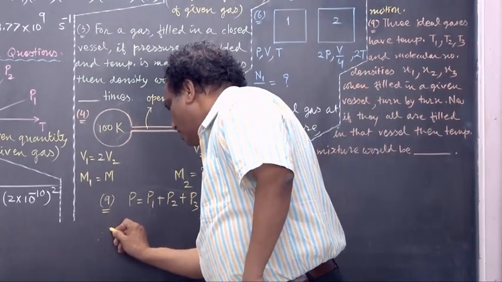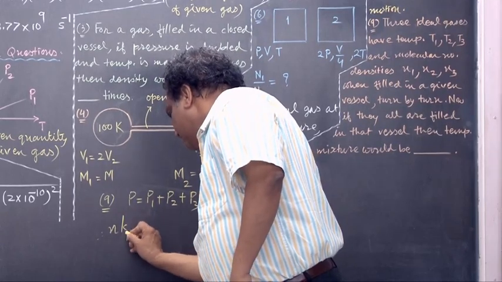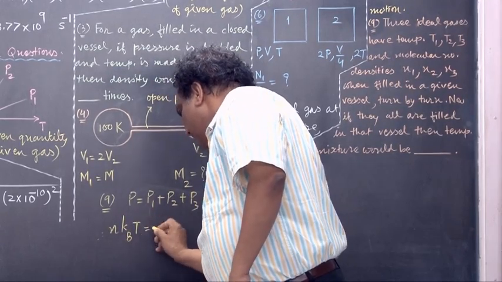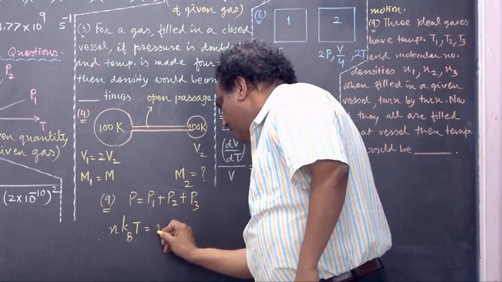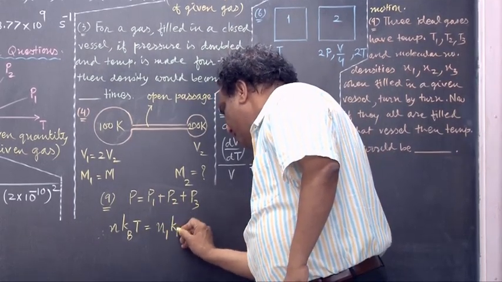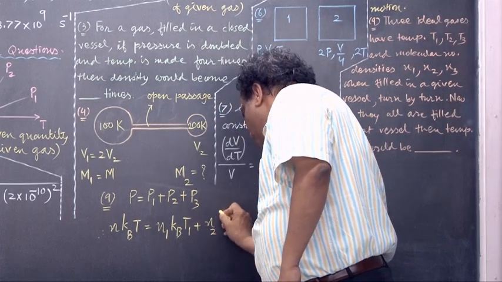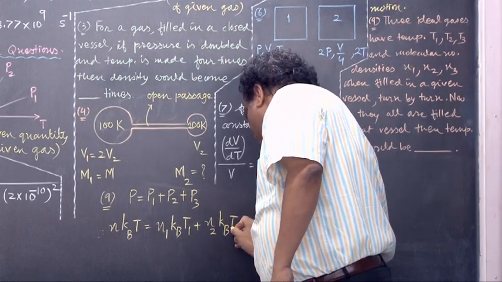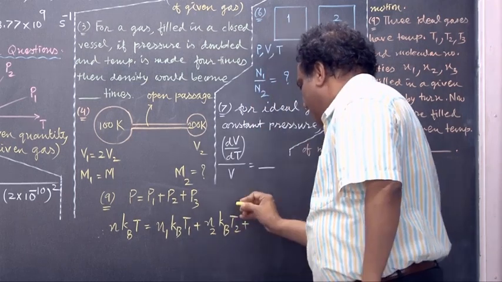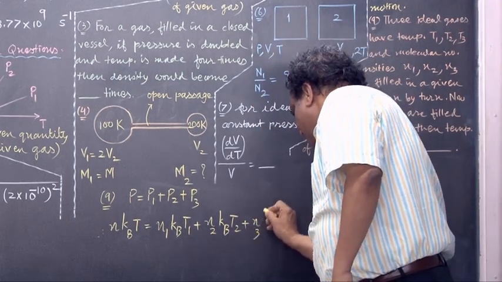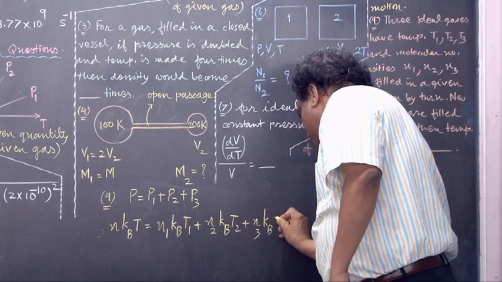The small n is molecular number density. Now for P1 I am writing n1 kB T1. For P2, n2 kB T2. For P3, n3 kB T3.